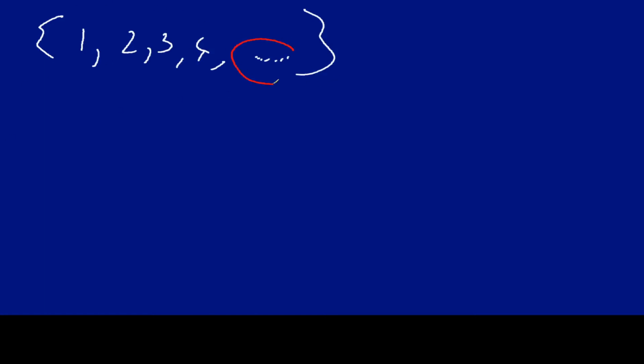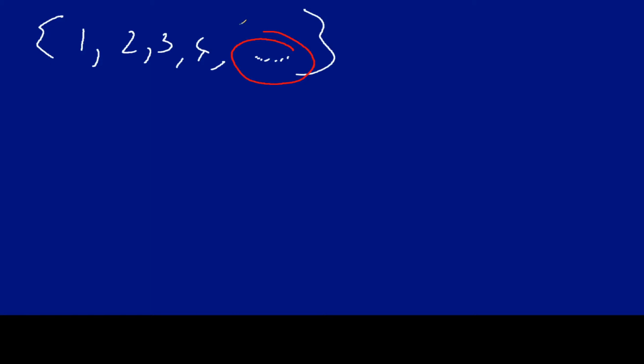Now, when we're talking about a finite sequence, essentially what we mean is that it has an ending point. A sequence always has an initial term. Generally, what we looked at in the past is an initial term like 1, and 2, 3, 4, and then ellipses. The ellipses mean it just goes on forever.